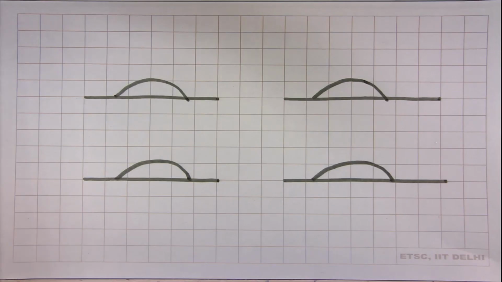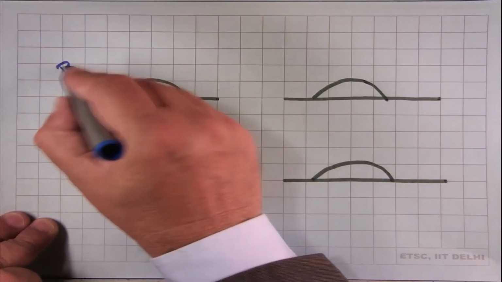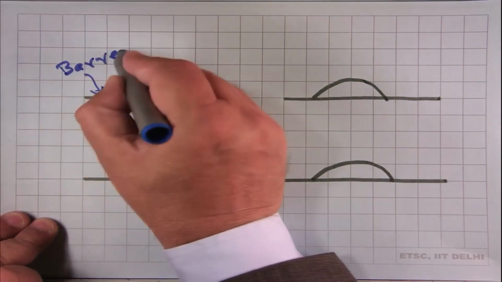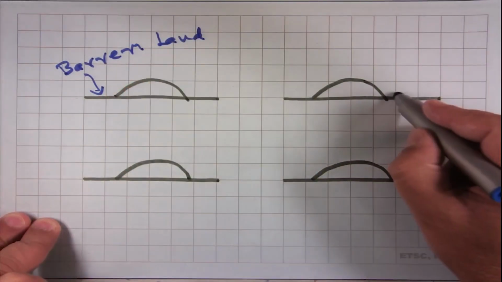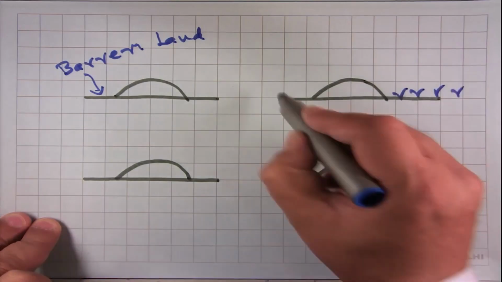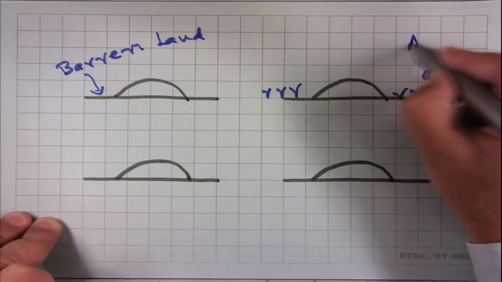Same size of the dump, same soil conditions underneath. This dump is sitting on barren land. This dump in the middle of agricultural fields.